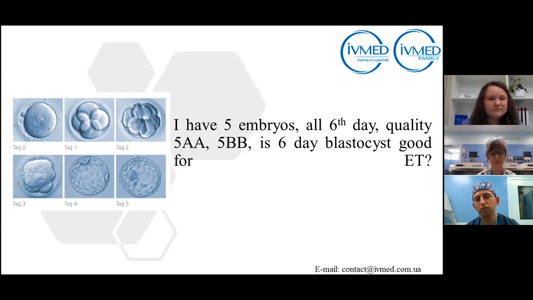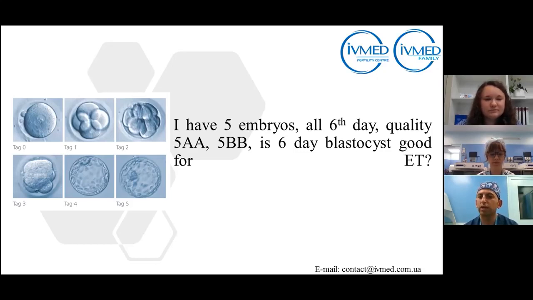option here. The first one, researchers are saying, okay, if you have an embryo at the 5-day stage, you can go ahead to make a 5-day embryo transfer as fresh. But if you have 6-day embryos, because of the implantation window and cross-matching, you have a chance to miss the implantation window.